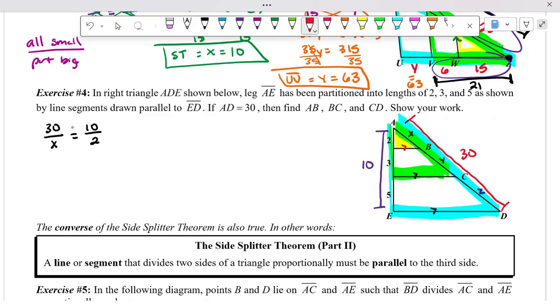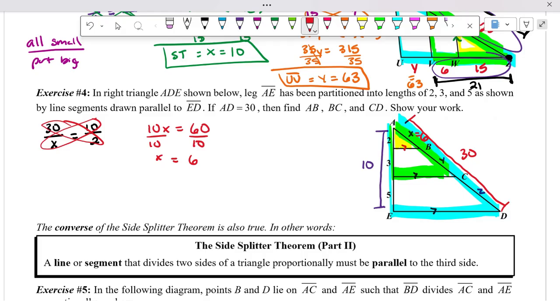Guys, trust your gut. You're probably right. Cross multiply, I get 10x. 30 times 2 is 60. Divide both sides by 10. What's x equal to? 6. So x is equal to 6.